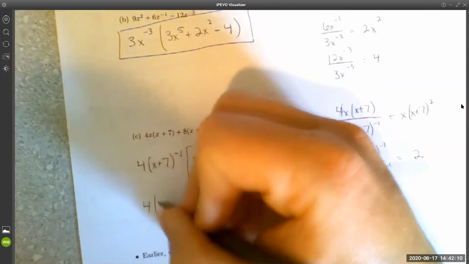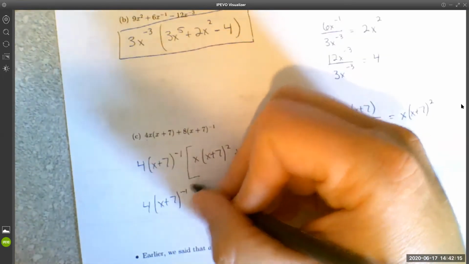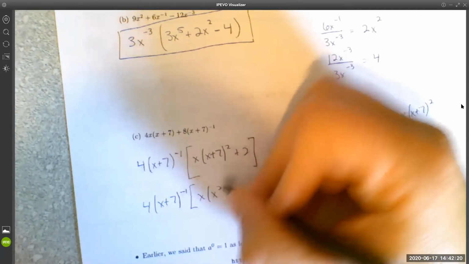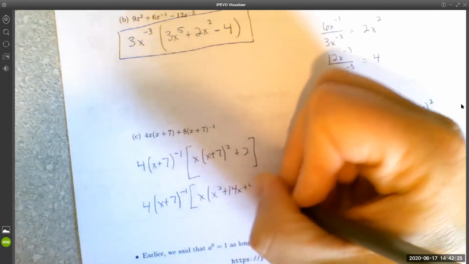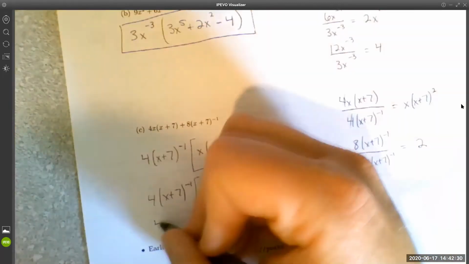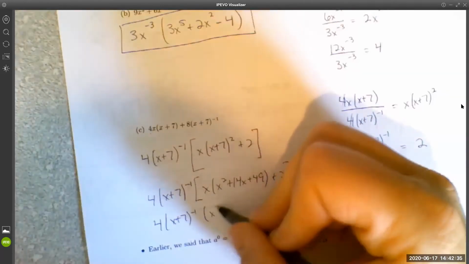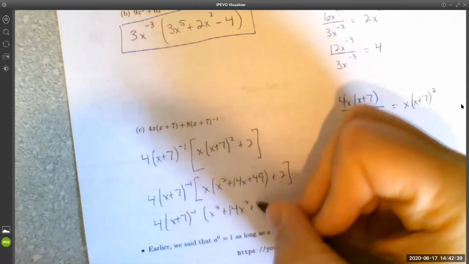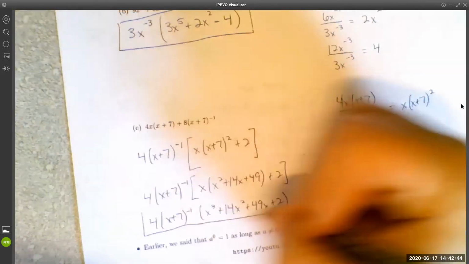We've got 4 times x plus 7 to the negative 1 times x times, if I FOIL this out, I'm going to get x squared plus 7x is 14x plus 49, plus 2. I'm going to have 4 times x plus 7 to the negative 1 times x cubed plus 14x squared plus 49x plus 2. Okay, and that's that one.